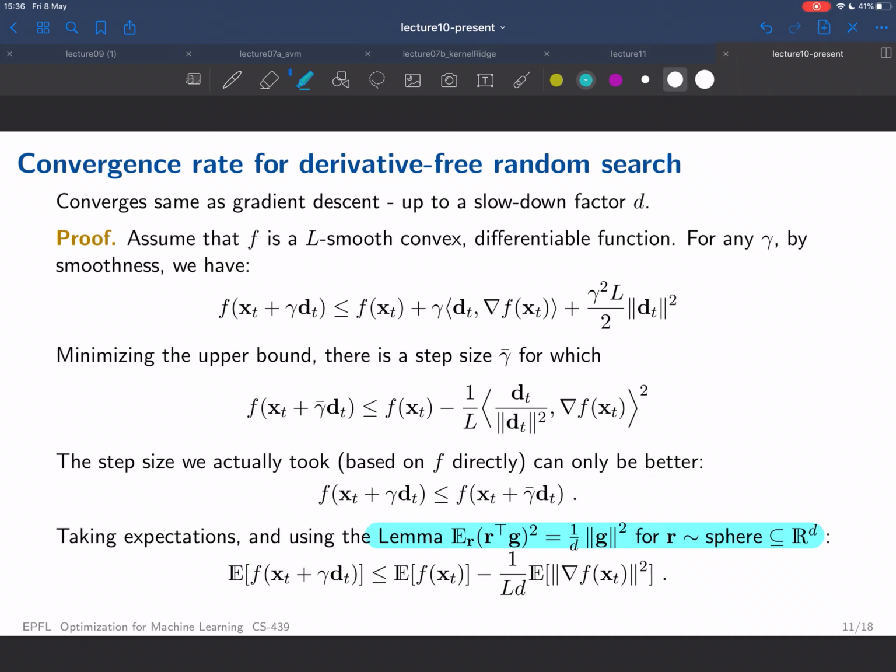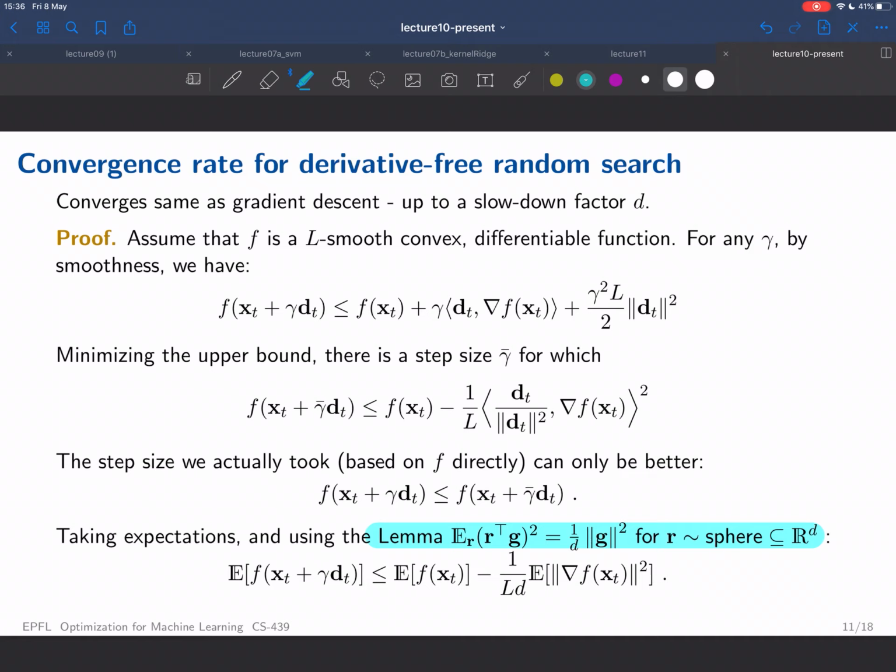This is a little lemma, so I'm not going to prove it here. It is 1 over d times 1, basically. Assume that G is a unit vector. How much is the random vector R aligned with that fixed unit vector? The answer is 1 over d.